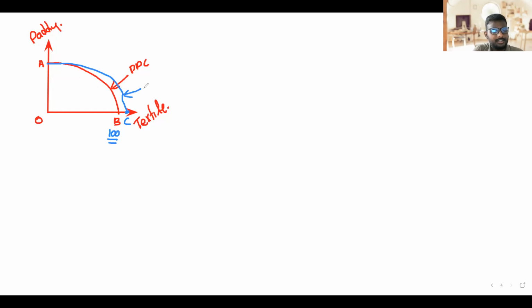I'm not going to draw it again. Let me leave it like this. PPC number 2. So here, production possibility curve AB shifts out on only the textile side and becomes production possibility curve CB, as the improvement in the technology only impacts textile.